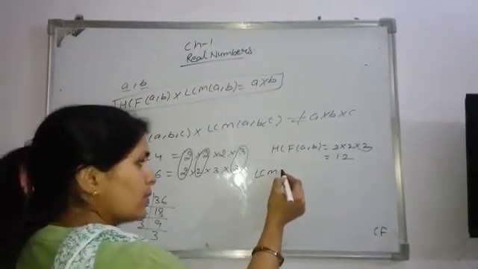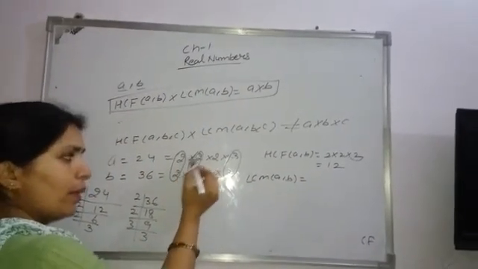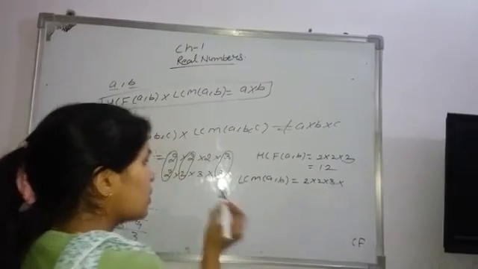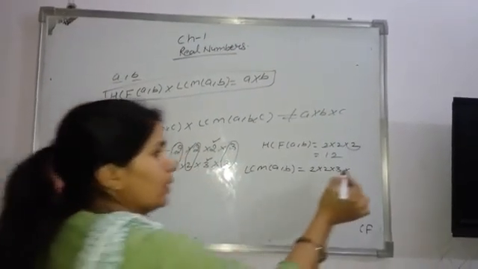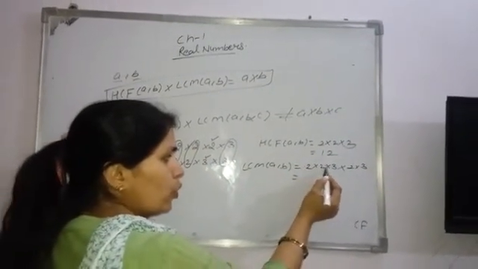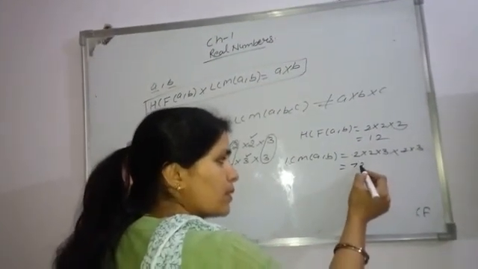Next one is the LCM. Now the LCM of A and B is equal to the common numbers, which 100% you have to take. And next, the numbers which are not common: 2 is present, 3 is present. Then 2 and 3 also you have to take. Now 2 2s are 4, 4 3s are 12, 12 2s are 24, 24 into 3 is 72.